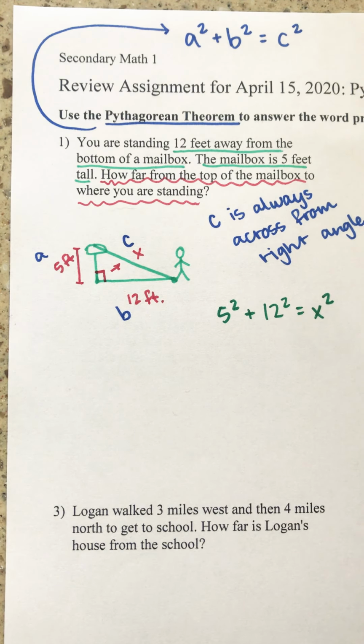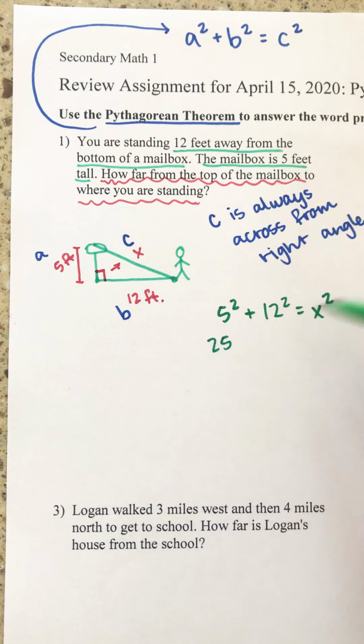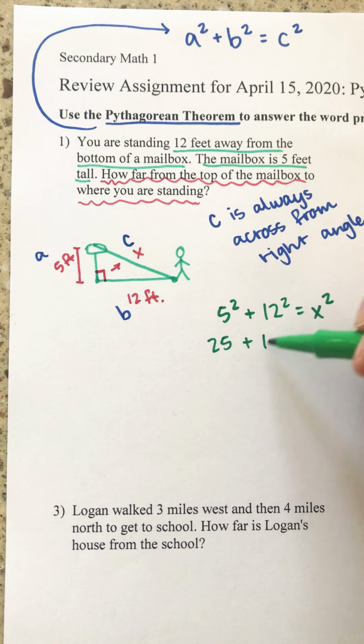Now I can start solving for this. We know what 5 squared is. 5 times 5, we don't even need a calculator for that. 5 times 5 is 25, plus 12 squared, or 12 times 12, 144. Equals X, we don't know, so that has to stay X squared.